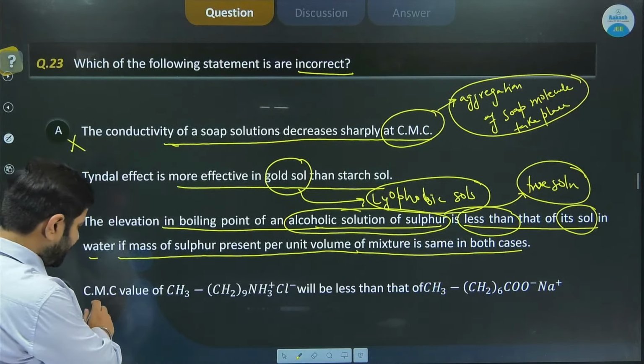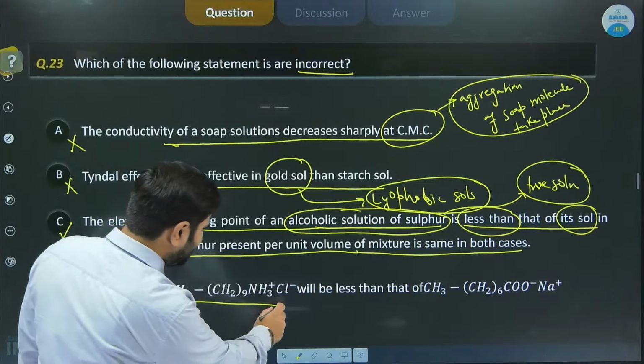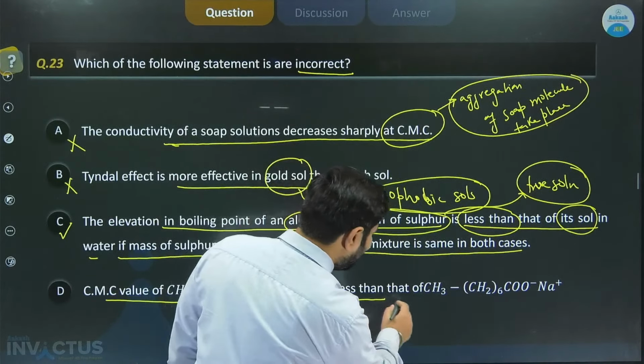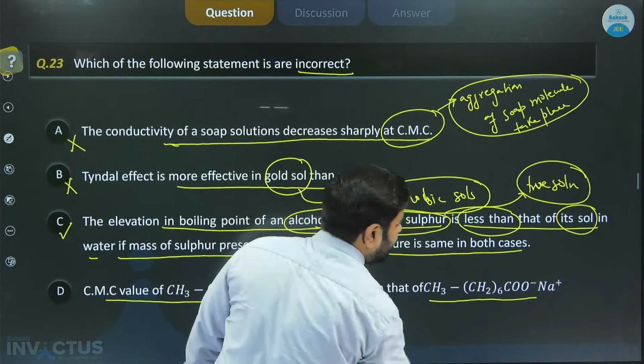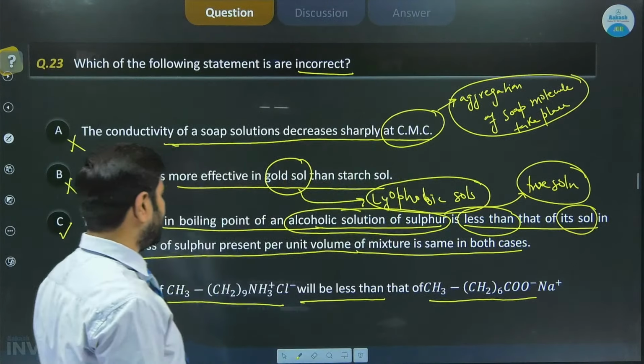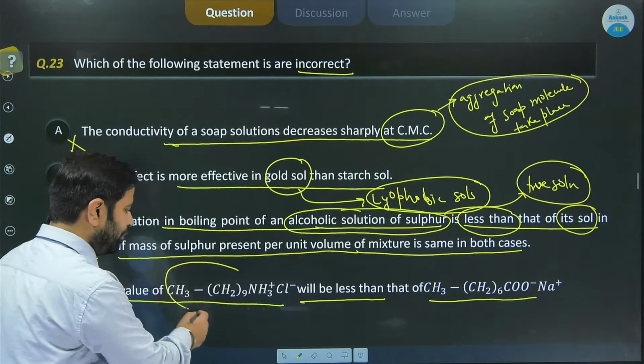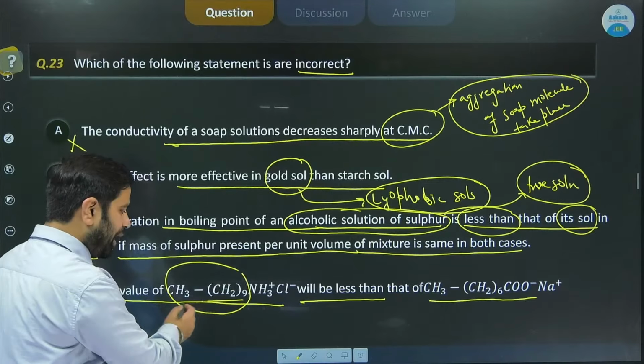Next option: the CMC value of this salt will be less than the CH3, CH2 one. This is about soap solutions. How can we decide the CMC value? It can be decided on the basis of the non-polar hydrocarbon part.